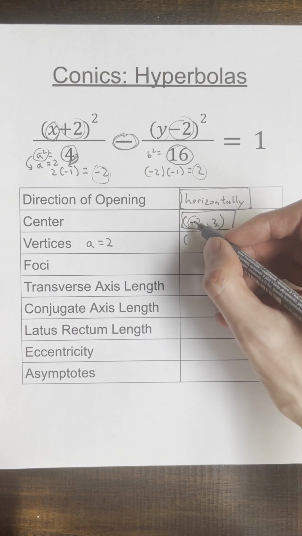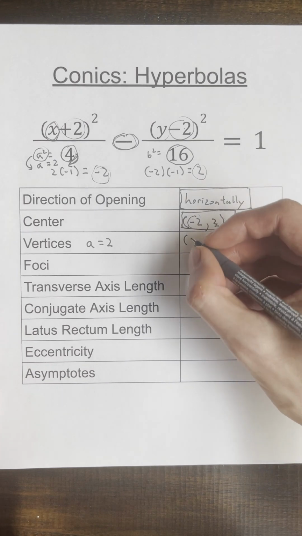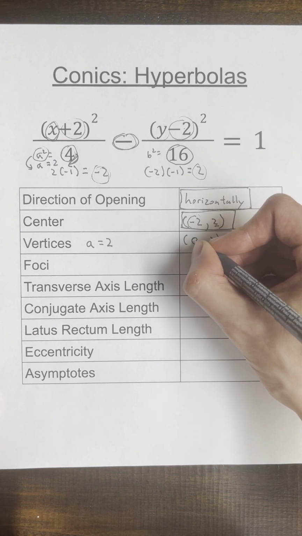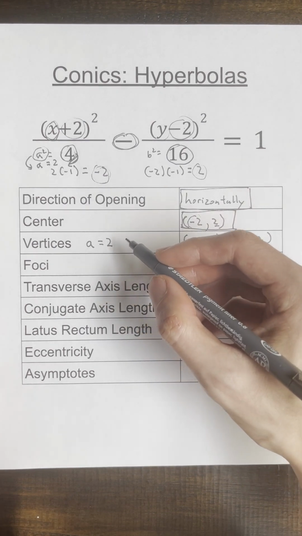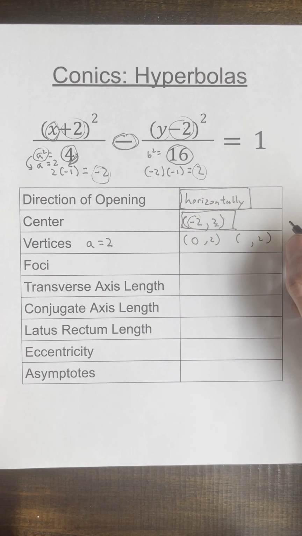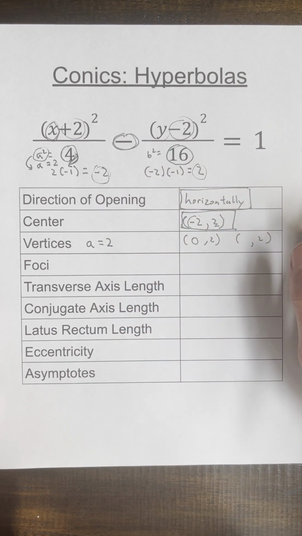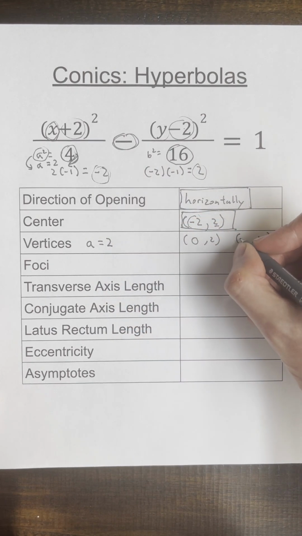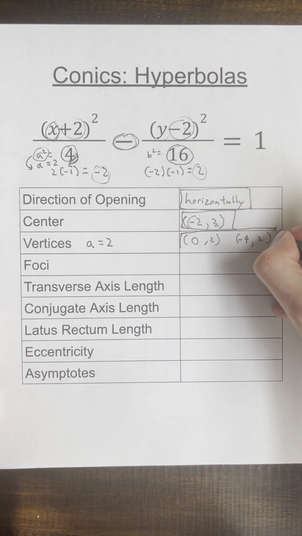So what's -2 plus 2? -2 plus 2 is 0. Now we need to subtract this from -2. So what's -2 minus 2? -4. This is your answer.